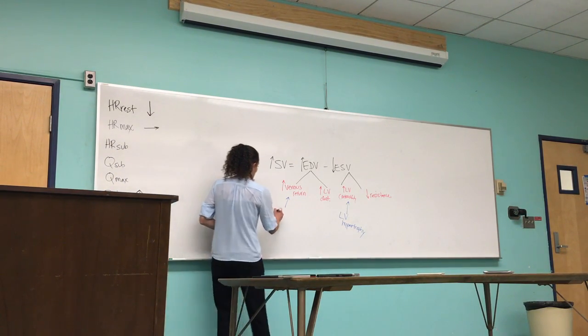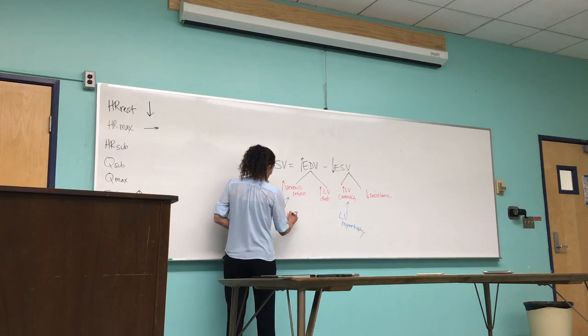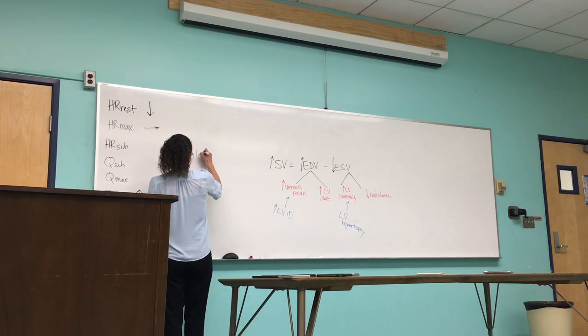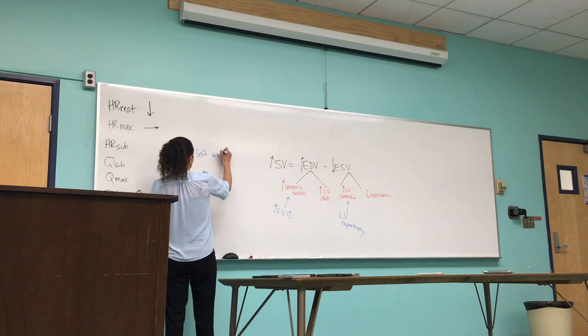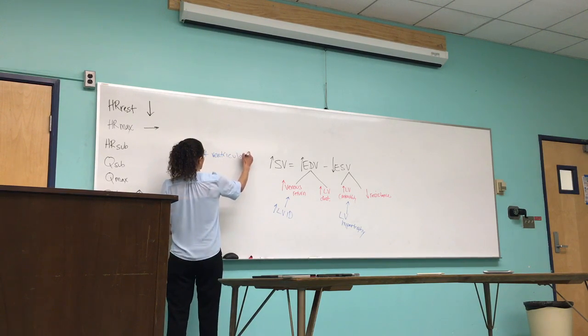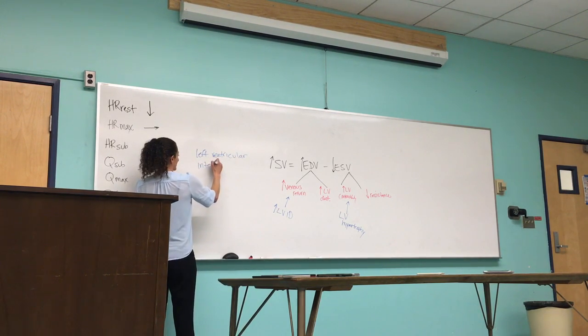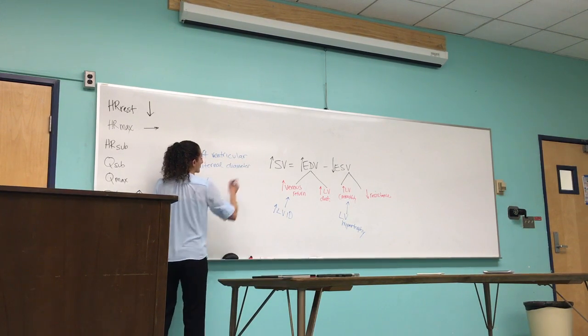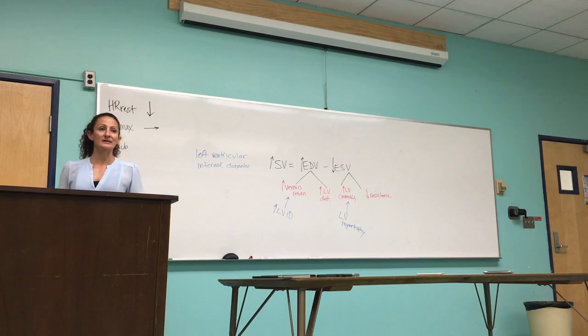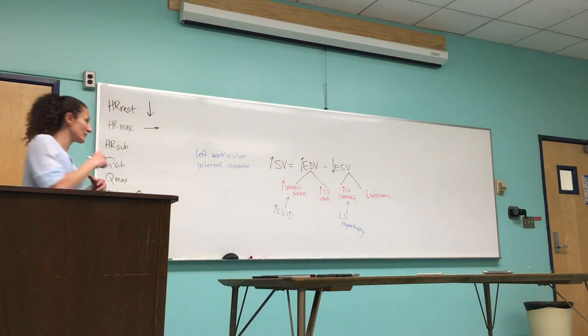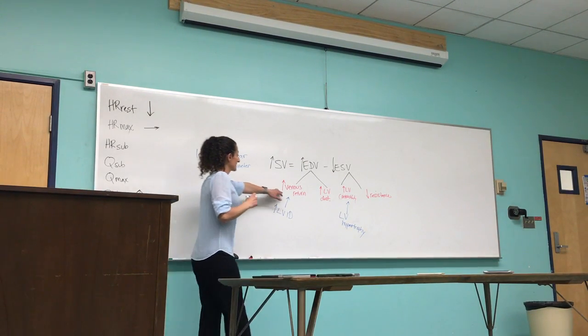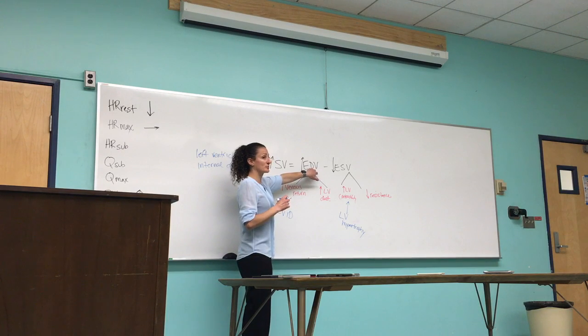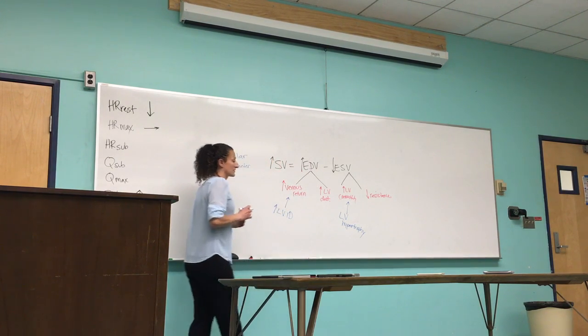Okay, so increased left ventricular internal diameter. There's more space inside the ventricle. That allows you to have more blood coming into the ventricle, increased venous return, increases your end diastolic volume, your preload, which causes an increase in stroke volume.